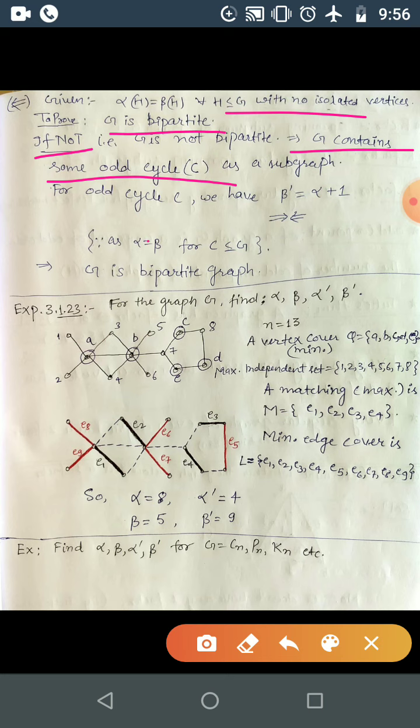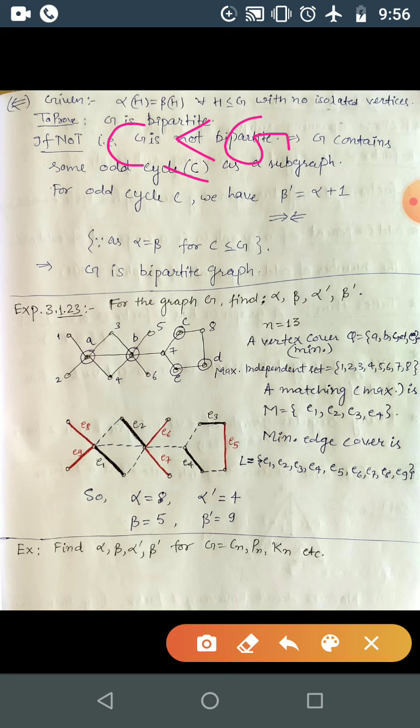So if C is the odd cycle and this is present in G, and obviously this cycle has no isolated vertex. So this condition is satisfied for this one.